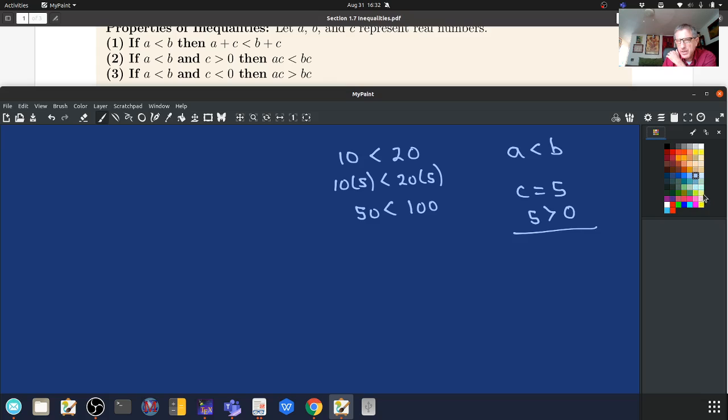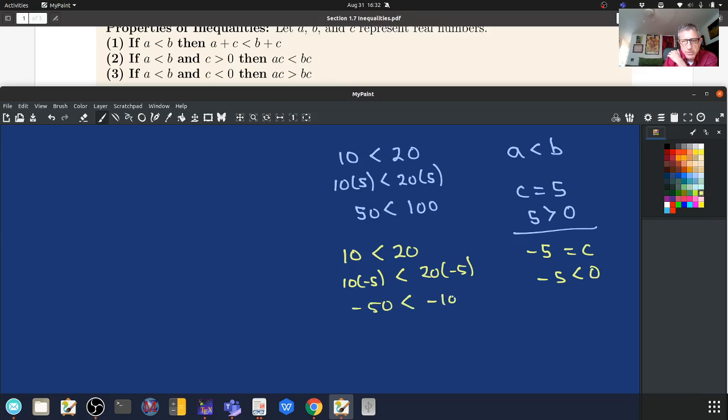Well, it's natural to ask the question, what happens if I chose minus 5 for C? Well, minus 5 is less than 0. Let's multiply both sides. 10 times minus 5 is less than 20 times minus 5. Well, this states that minus 50 is less than minus 100.